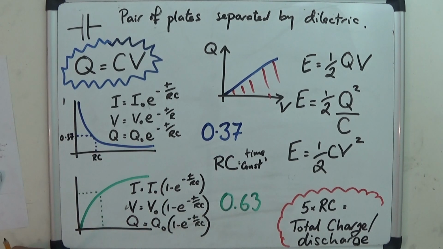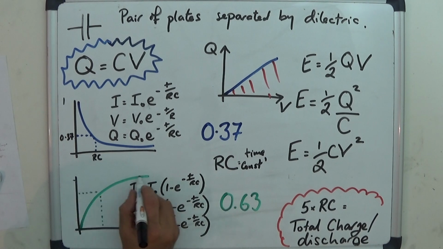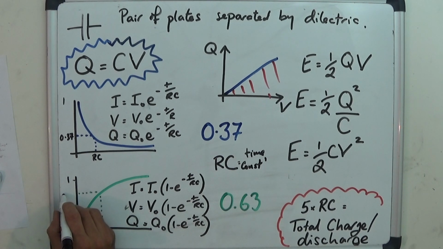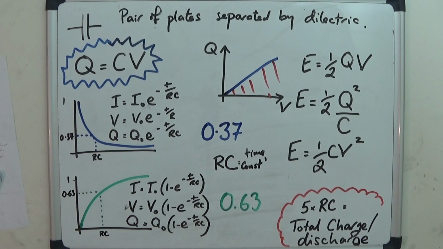On the flip side, if you're charging it up, you get the opposite value here. What that means is, if the final full value for charge or voltage is going to be 1, then at RC, this is 0.63 of the final.